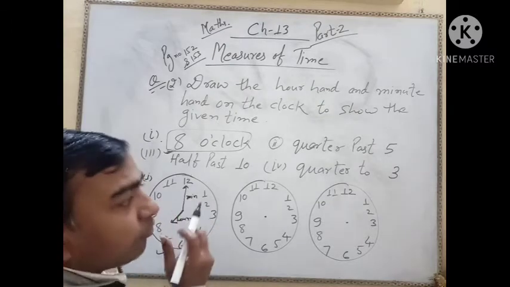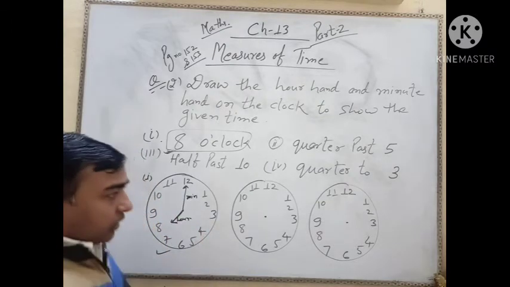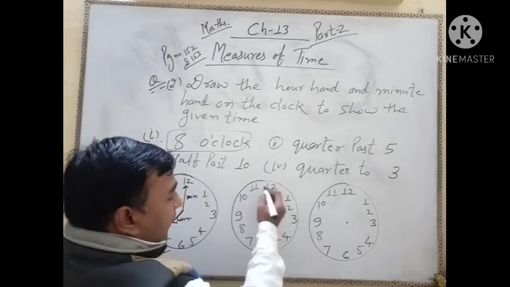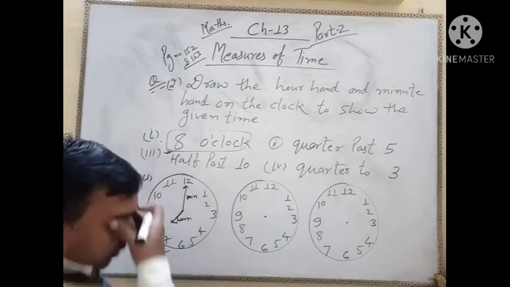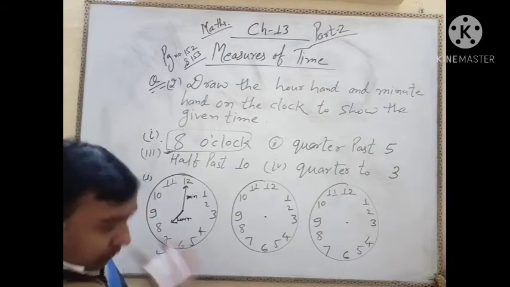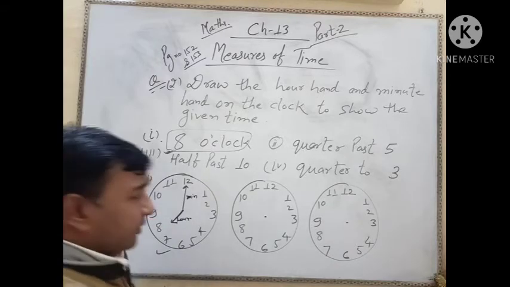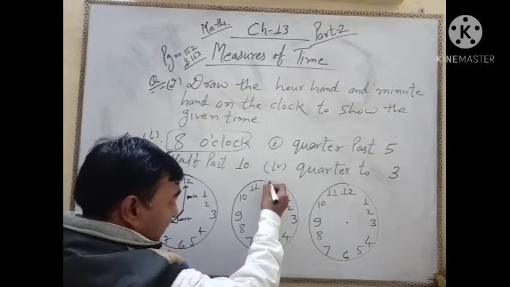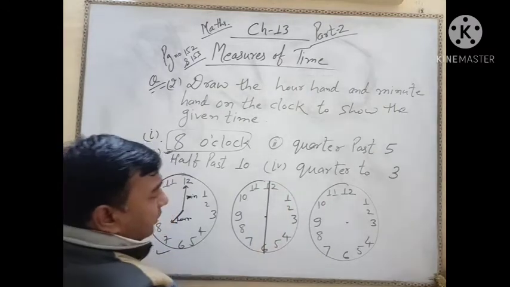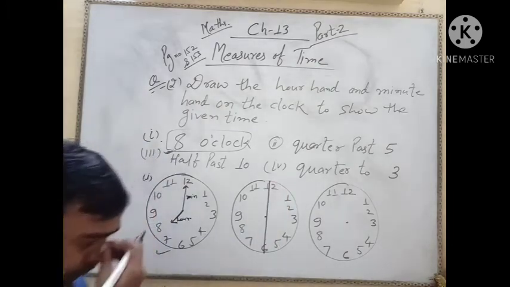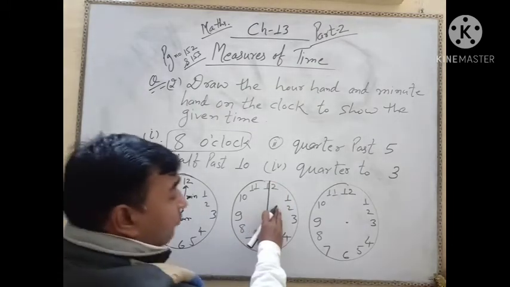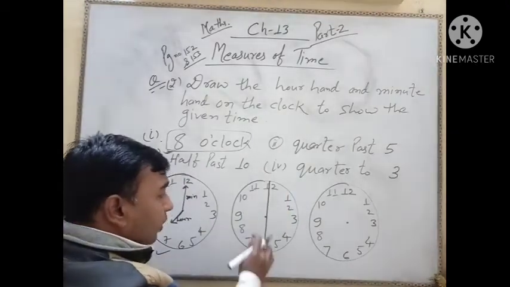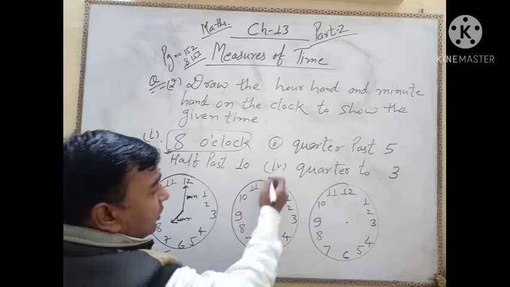Now come to the second question. Quarter past 5. Quarter past 5 means what? Suppose that this is a circle. Okay, and with the help of two diameters, we can divide this whole circle into four equal parts. First one, when we draw vertically, from bottom to top.